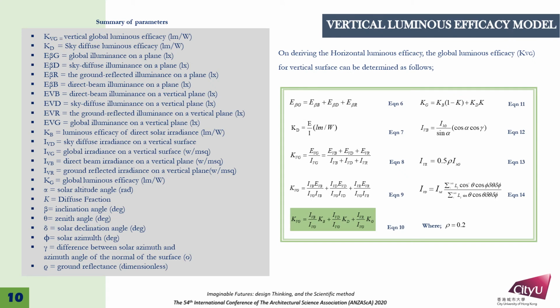Furthermore, we developed a vertical luminous efficacy model from the horizontal data. Equation 6 all through to equation 14 gives the mathematical expressions used in the derivation of this model. However, equation 10 is the mathematical expression of this model. The summary of these parameters is also shown in the slide below.